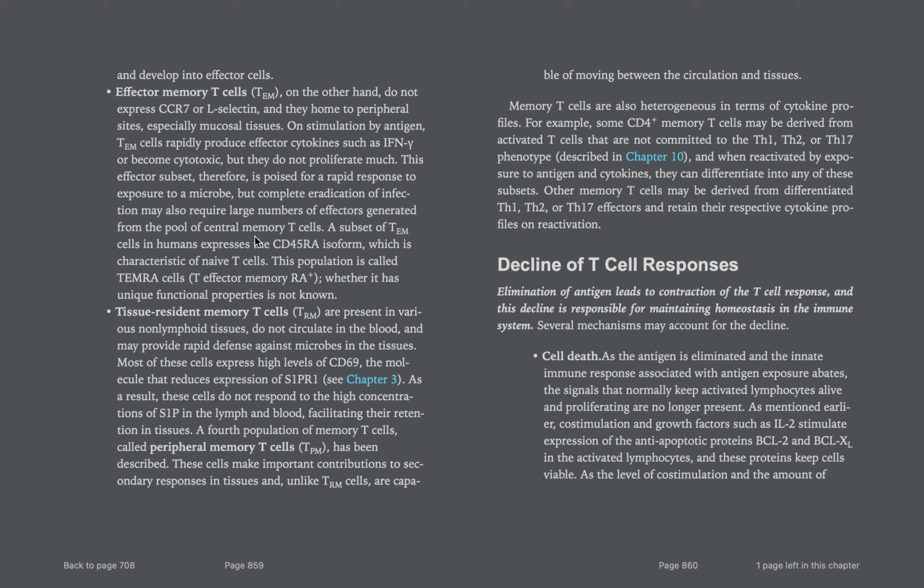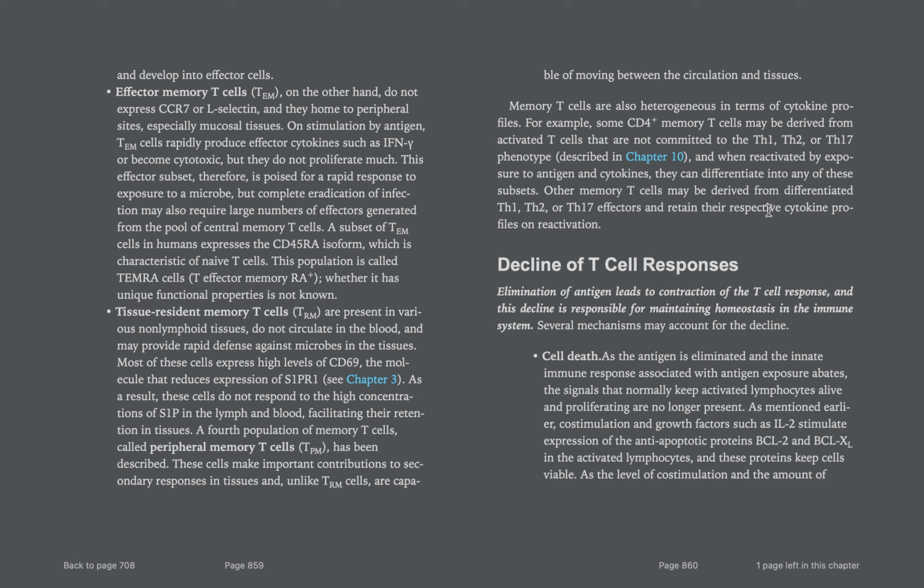Memory T cells are also heterogeneous in terms of cytokine profile. For example, some CD4 memory T cells may be derived from activated T cells that are not committed to a T helper 1, T helper 2, or T helper 17 phenotype, and when reactivated by exposure to antigen and cytokines, they differentiate into any of these subsets.